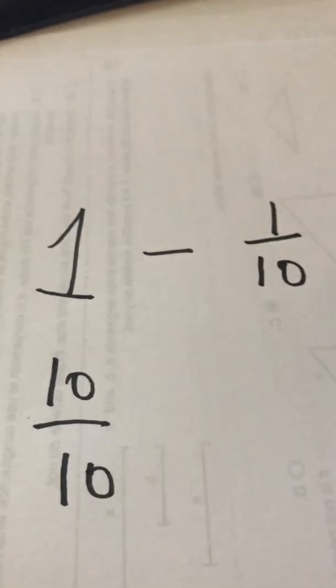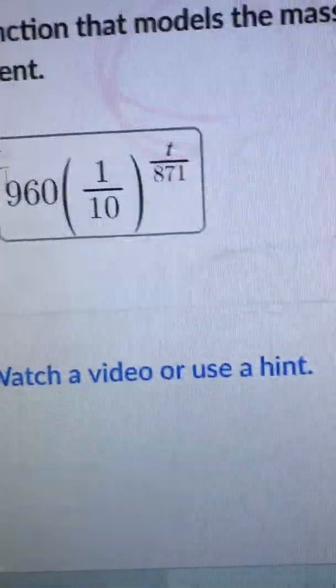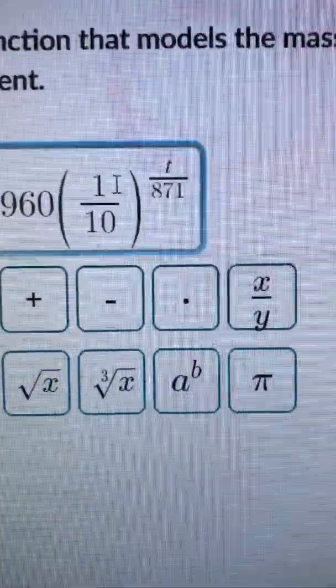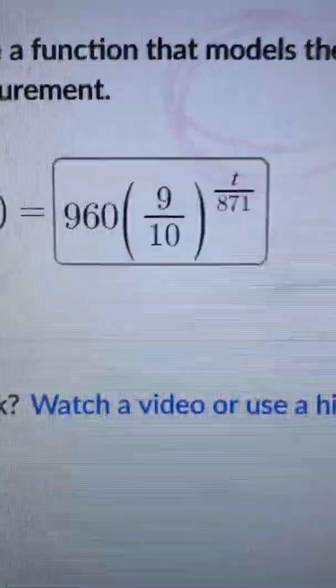So I just did 10 over 10 because the denominator is a 10. So 10 over 10 minus 1 over 10 makes 9 over 10. And again, I subtracted that 1 over 10 because it says we lose. So instead of that 1 over 10, let me put 9 over 10. Please be right. Yes! Okay, let's do another one.